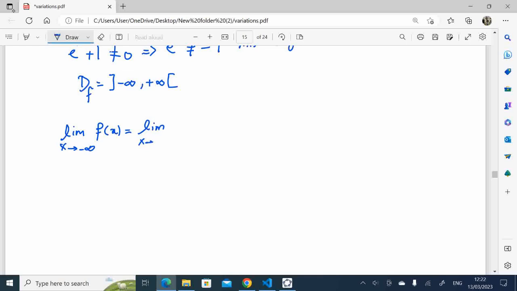As x approaches minus infinity, e^x will be 0, so we get (0 − 1)/(0 + 1), and the answer is negative 1. So in this case the line y = −1 is a horizontal asymptote.